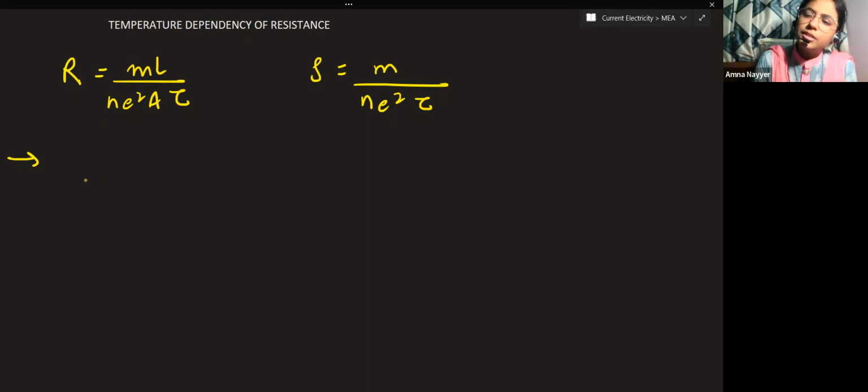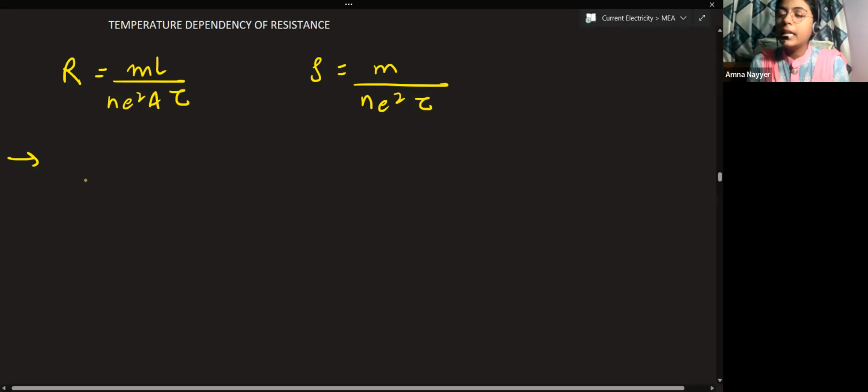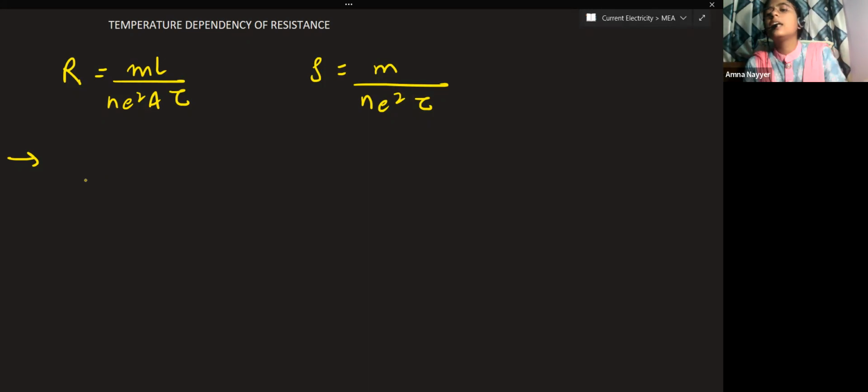If length and area do not change, then resistance and resistivity's difference doesn't change. What's making resistance different from resistivity? It's the length and area only. If length and area get eliminated, then that becomes resistivity. So if length and area are constant, resistivity and resistance will also be constant.